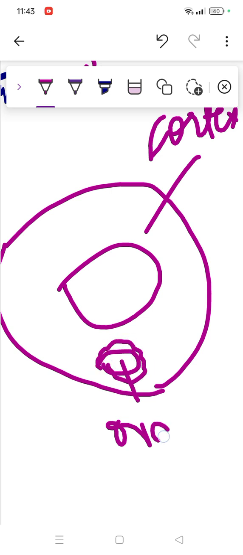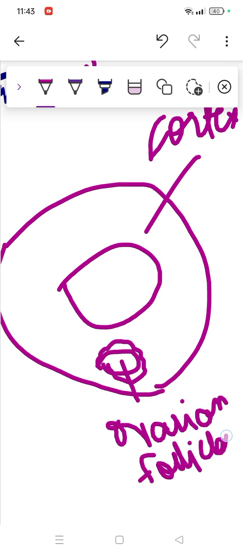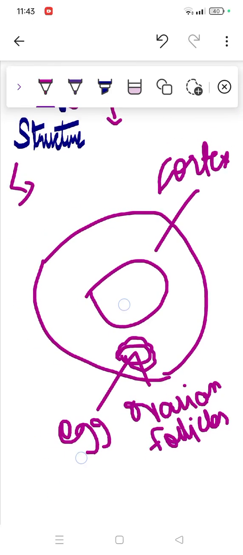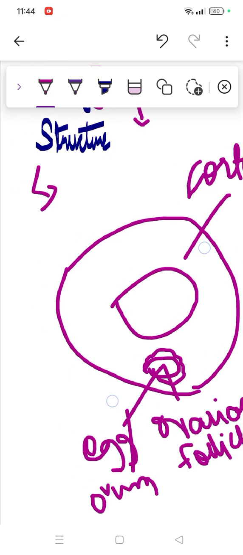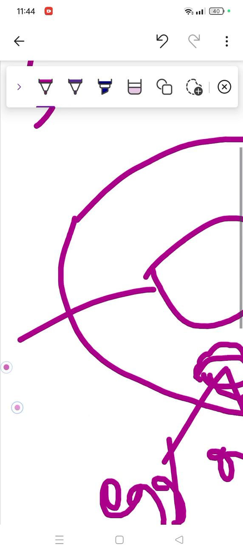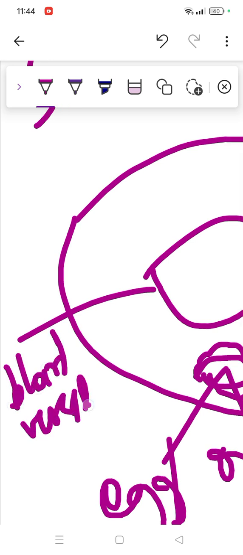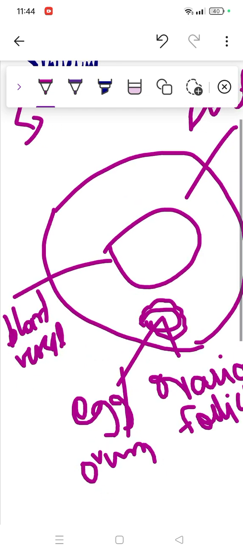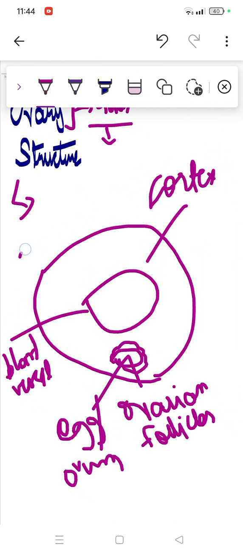That's called ovarian follicles. And this middle one is also an egg, or an ovum. Then here we also have another blood vessel, and the entire ovary length is around 2 to 4 centimeters.